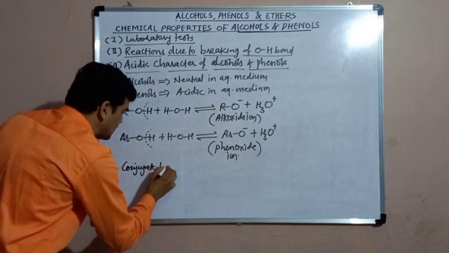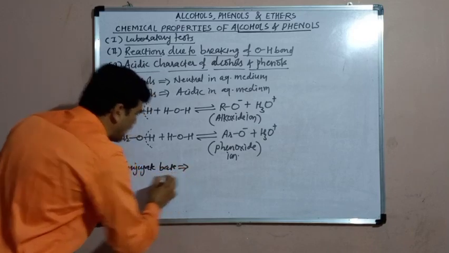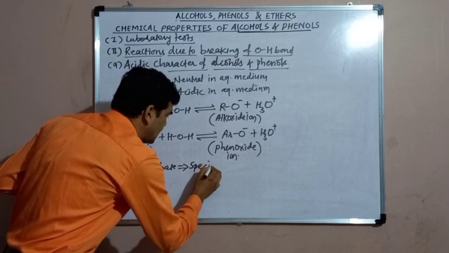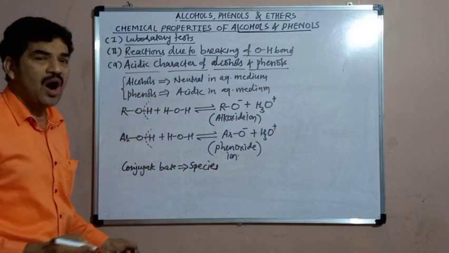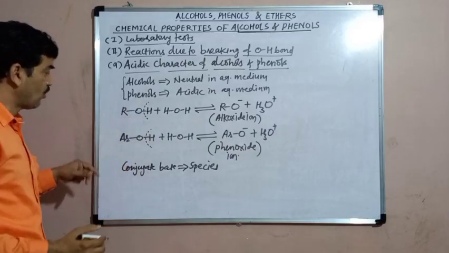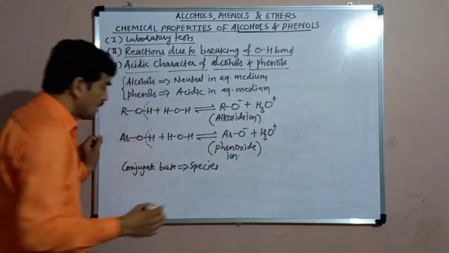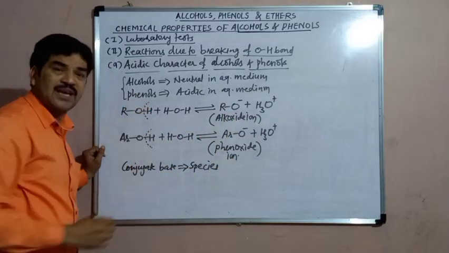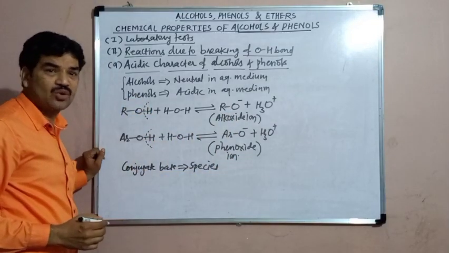Conjugate base means a species which is formed after the loss of one proton. The species which is generated after the loss of one H positive ion, hydrogen ion.